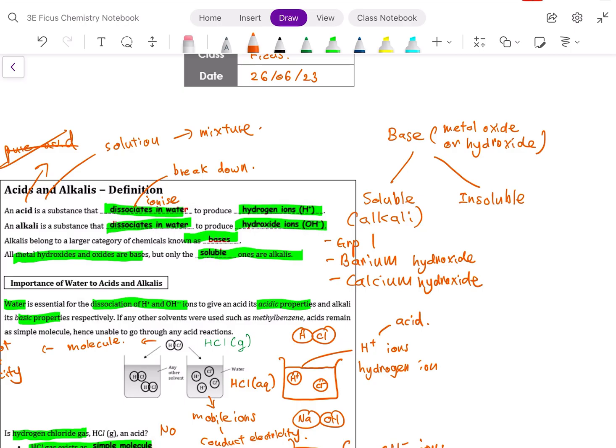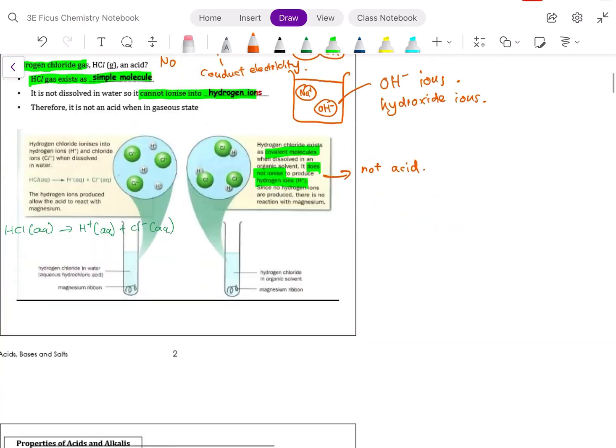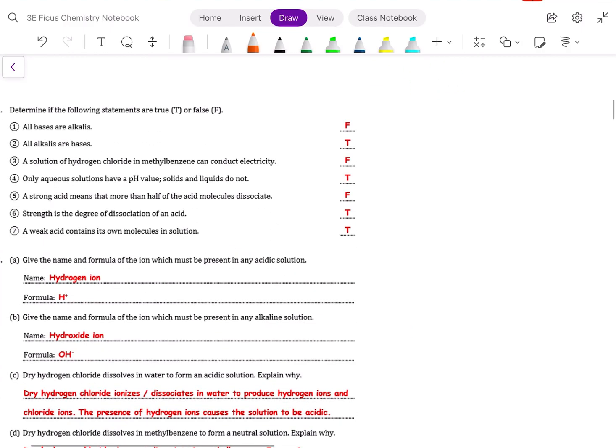There are soluble and insoluble ones, and the soluble ones are called alkaline. So basically all alkalines are bases, but not all bases are alkaline. That takes care of the first two questions.